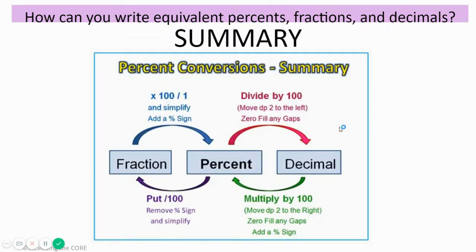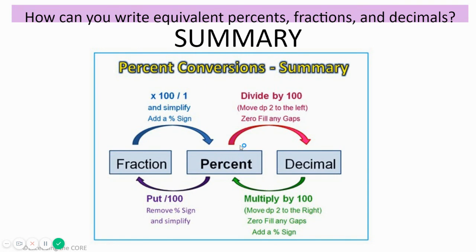Just a quick summary, and maybe this screen will be a helpful reminder if you want to copy this down somewhere or take a screenshot. How do you equivalently go between fractions, decimals, percentages, and ratios? If you start with a fraction, multiply by 100, then simplify, then add your percent sign to get to a percent.